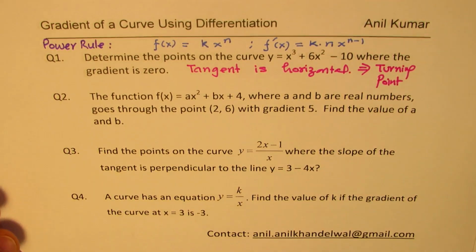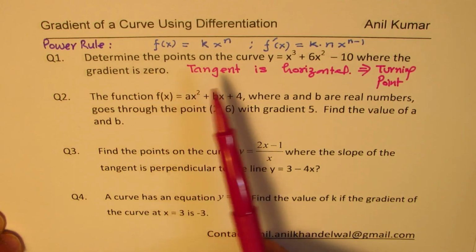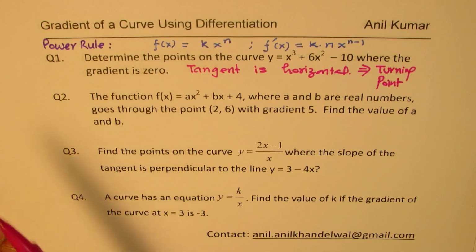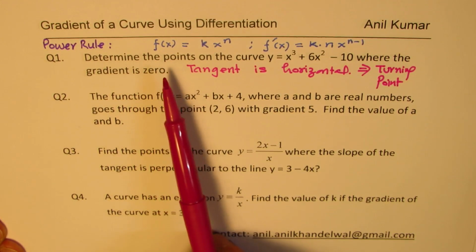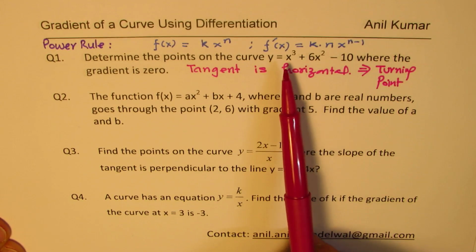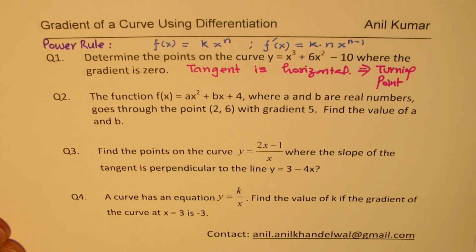Okay. So the question here is, determine the points on the curve, this is a cubic function, where the gradient is 0. This question could be asked in many different ways, where the tangent is horizontal, or find the turning points on this particular curve, correct?